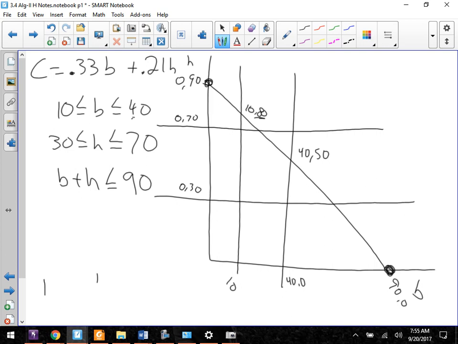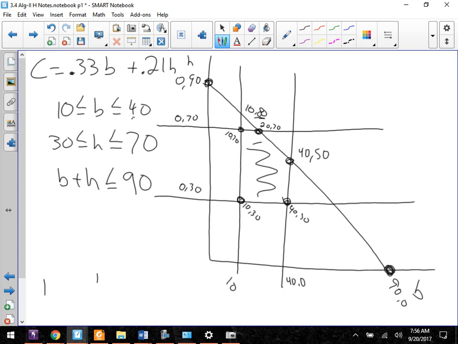So this is going to be at 10, 30, 10, 70. This will be 20, 70. This one will be at 40, 30. And I believe that it goes here, here, here. I think it was to that region, if I'm not mistaken.